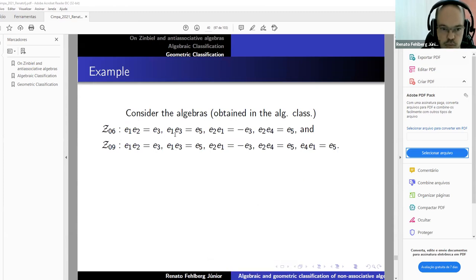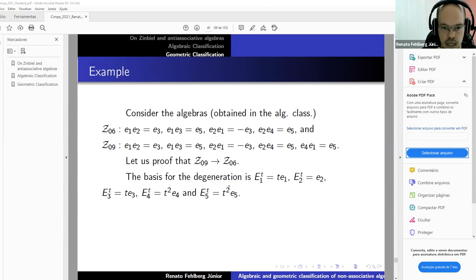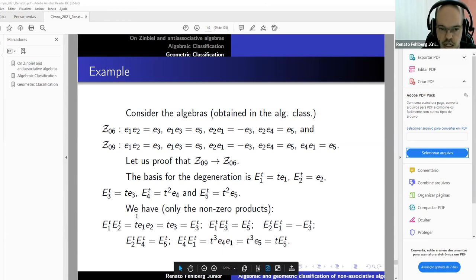An example to see how it works. Here, in a simple example, we consider these two algebras, Z6 and Z9, and you check that Z9 degenerates to Z6. If you consider this degeneration basis and make all the products, I will just show the non-zero products.